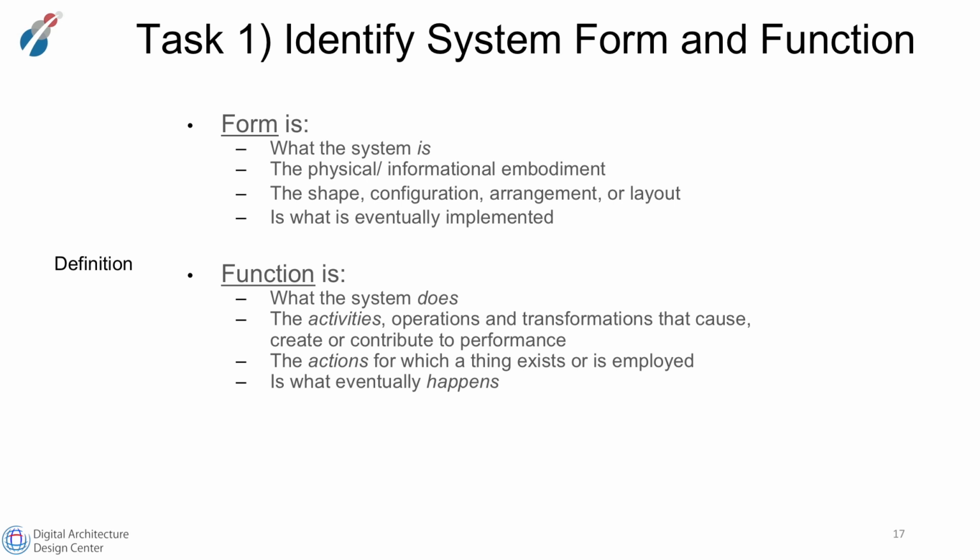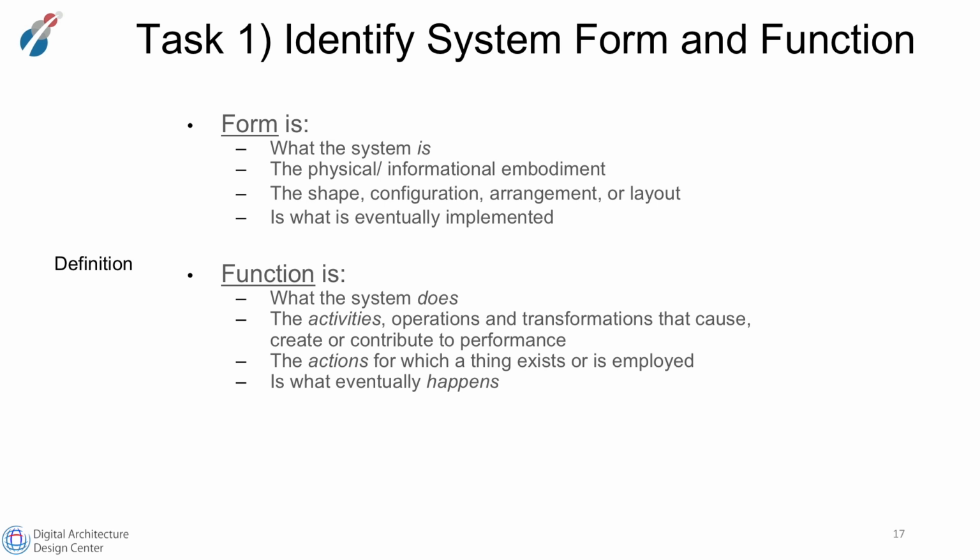And it's one of the most important things that I think not just engineers, but people who are dealing with complex systems need to understand. So the form is what the system is. It's the physical and informational embodiment. It's the shape, configuration, arrangement, or layout of the system. And it is what's eventually implemented.